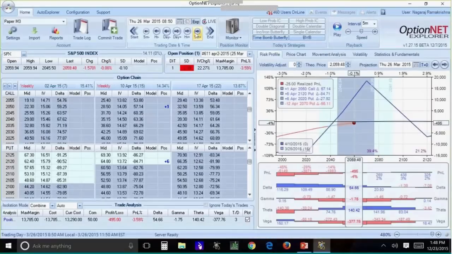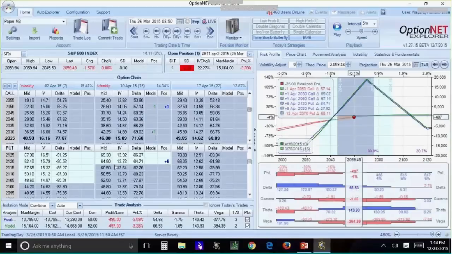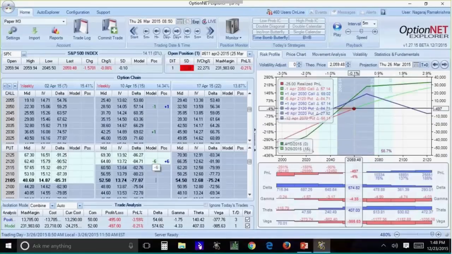So I moved the 2050 long calls to 2030, and I moved the 2070 butterflies to 2030. 2030 brings it to 2080.